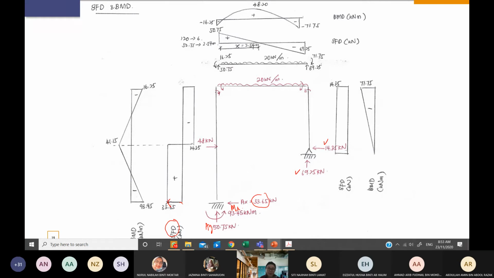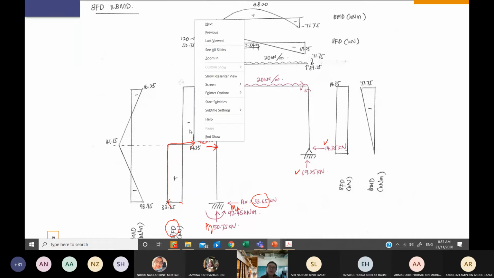Then there are no loads, so you can go straight, and you find a load of 48 kilonewton in the right direction, so you just go in the right direction for 48 kilonewton. Then you meet no loadings again, so you can go straight again. Okay, then you close it.